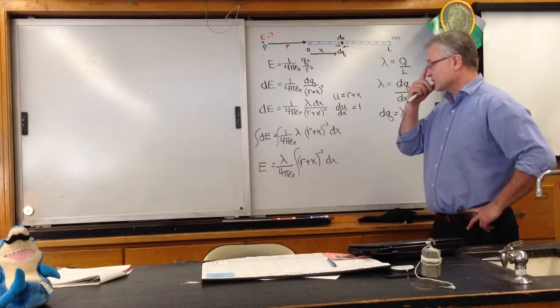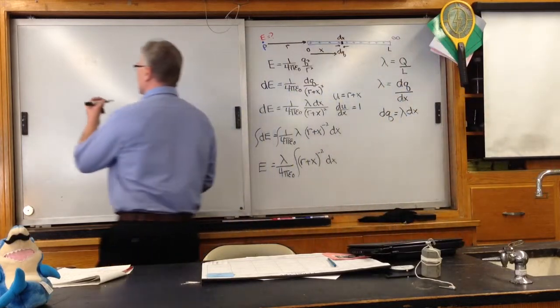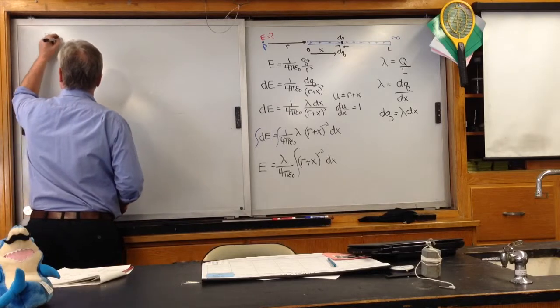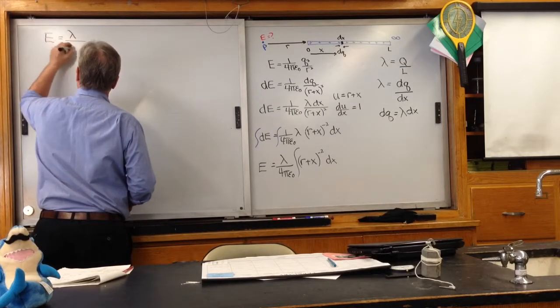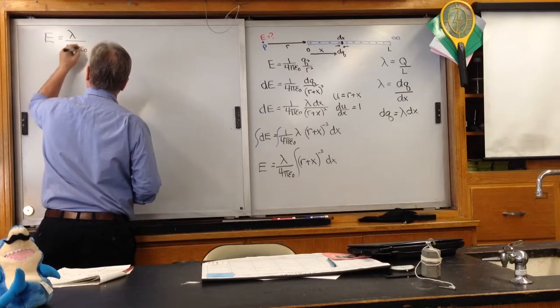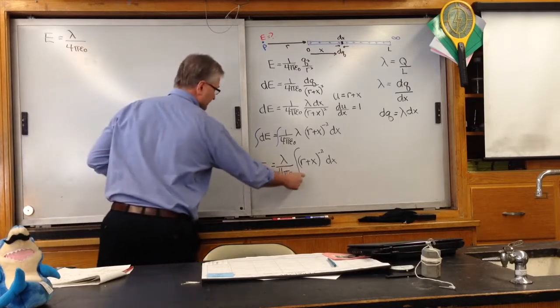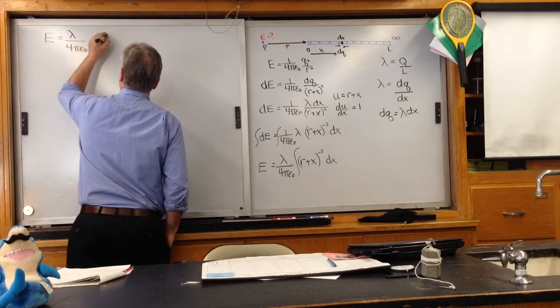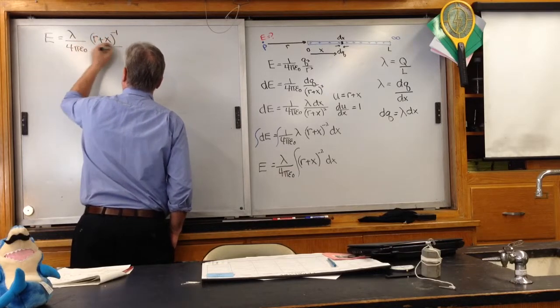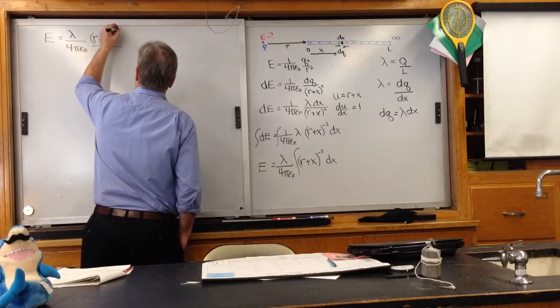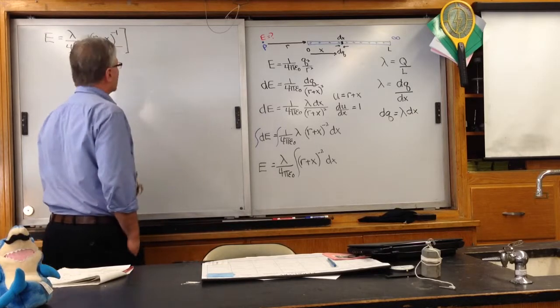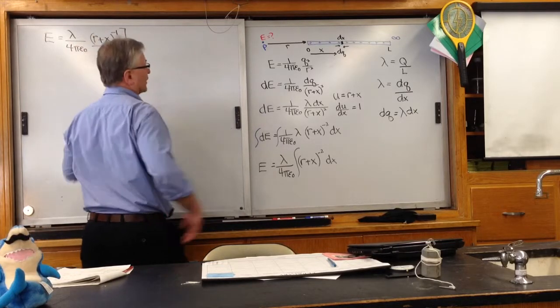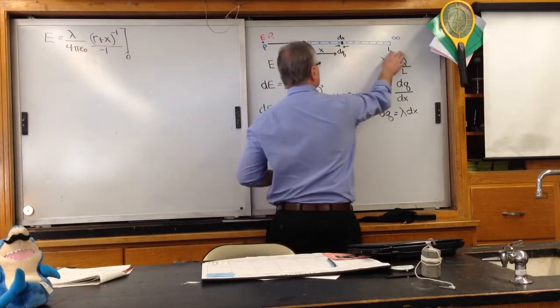So let's rewrite that over here. So we end up with E is equal to lambda over 4 pi epsilon naught. Okay, that's our portion here. And then the answer to the integral is going to end up being r plus x to the negative 1 divided by negative 1. And our boundaries for this particular problem are going to end up being, I'm starting at 0 on this end of the bar, and I'm going to some length.